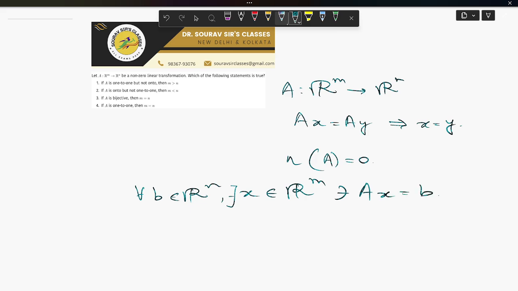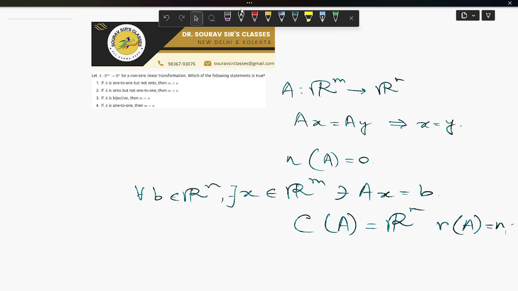This means the column space of A is all of R^n. That means the column space of A equals R^n, and then we can say that the rank of A is equal to n.